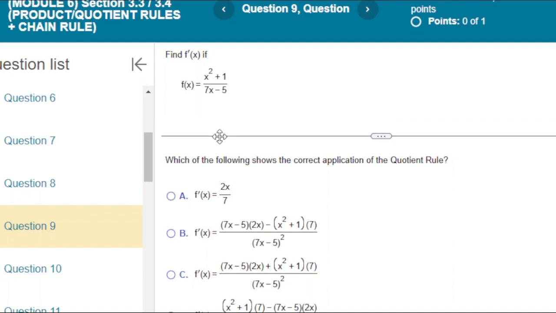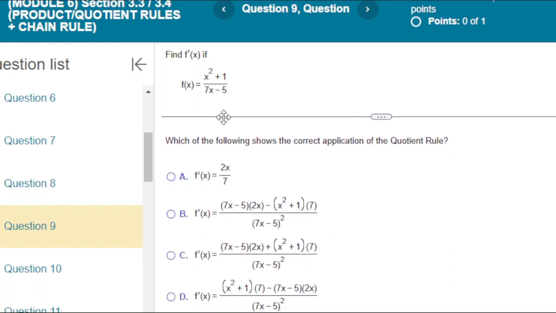So what is the quotient rule? Well, the quotient rule says the way you take the derivative of a quotient is to do low d high minus high d low. So by low, we mean the bottom part, 7x minus 5. D high, by D, we mean derivative. So what's the derivative of the top, the D high? That'd be 2x. So we're going to have 7x minus 5 times 2x. Right?